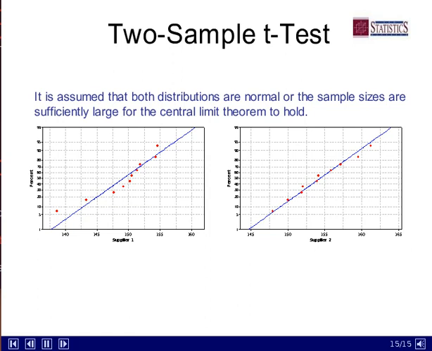Here we have two probability plots, the dots representing the data, and what we're looking at is if they follow close to the blue line, where the blue line represents a normal distribution, then we could feel comfortable with our assumption of normality. The graphs look perfectly fine. There's no large deviations from that blue line, so normality was a reasonable assumption for what we did in our two-sample t-test.